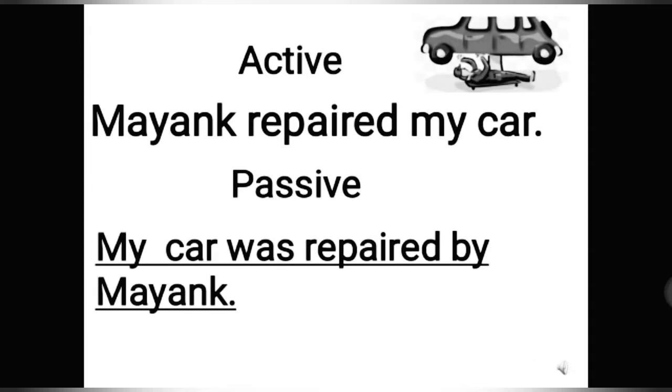See this sentence. Mayank repaired my car. Next sentence, my car was repaired by Mayank. Both the sentences are same in meaning, but the context changes. In the first sentence, subject Mayank is given more importance and we get to know that he is the person who is performing the repair activity on the car, which is our object.